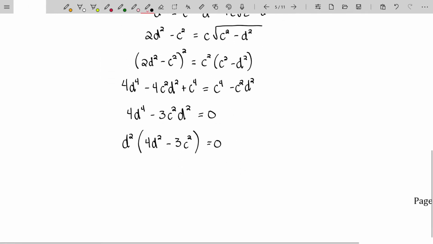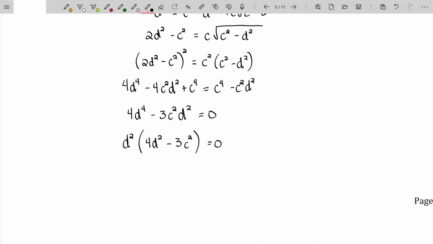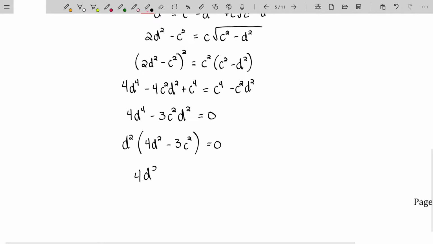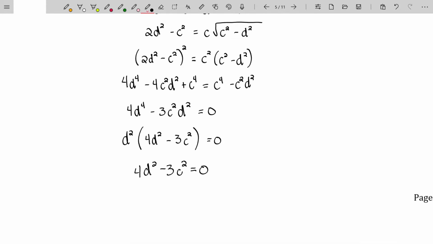The solution to this would be either d equals 0 or 4d squared minus 3c squared is equal to 0. Add 3c squared, divide by 4, and take the square root, and you get d is equal to, technically plus or minus, the square root of 3 times c over 2.